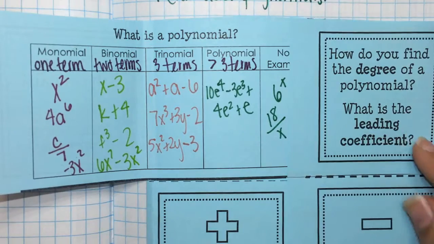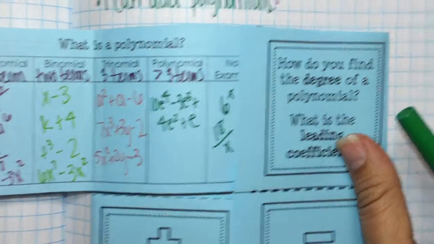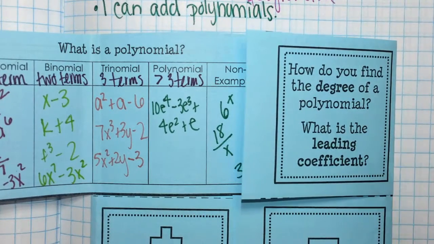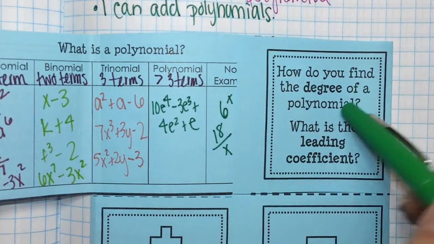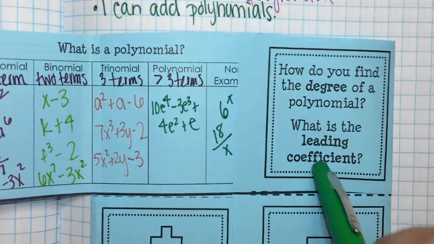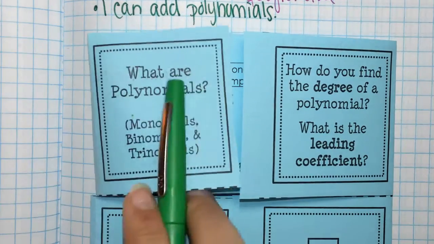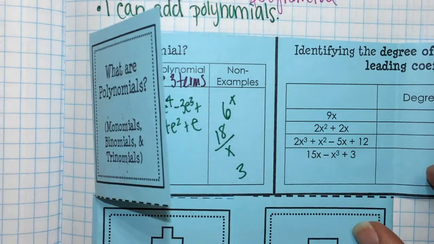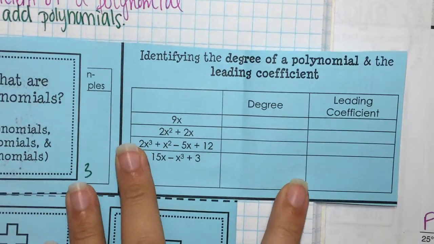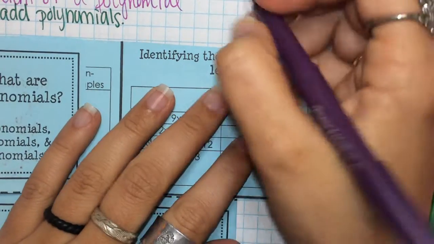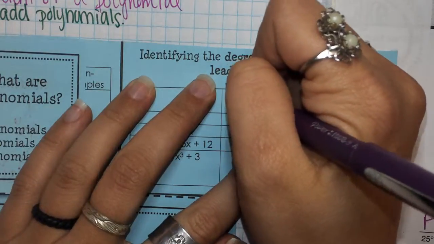Let's go to our next flappy. So, the next part, which is our first learning target, says I can identify the degree and leading coefficient. So the degree is the highest exponent, and the leading coefficient is the number out front of that. So let's come over here and write that the degree is the highest exponent, the largest exponent.